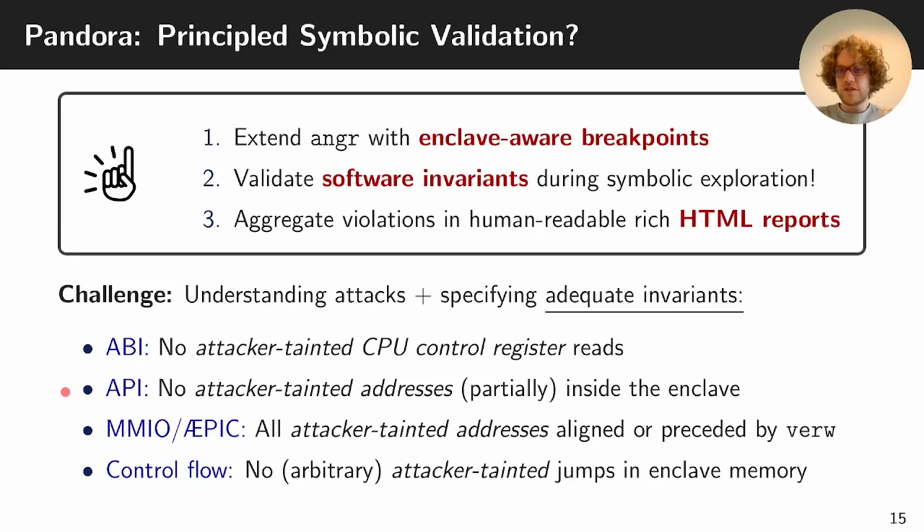Similarly, for the level of the API for pointers, we make sure that all addresses, all pointers that are even partially tainted by the attacker should lie fully outside the enclave and cannot partially lie inside the enclave. Again, this has been shown to be a powerful rule in practice. And for memory mapped IO alignment issues, we similarly check alignment and cleansing instructions. And for control flow instructions, we make sure that the target is not controlled by the adversary.